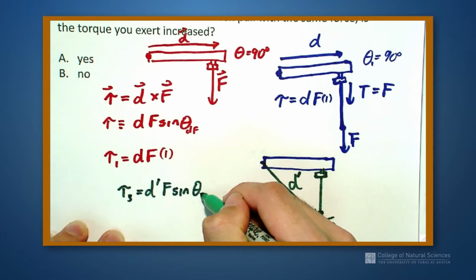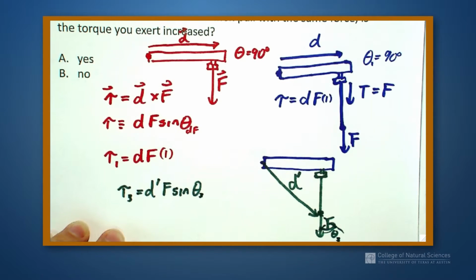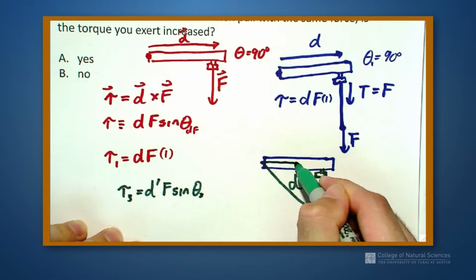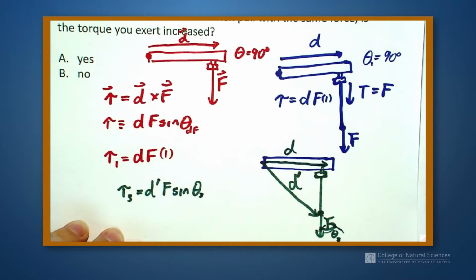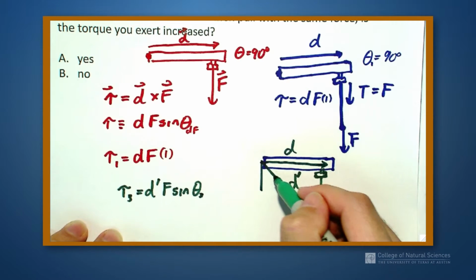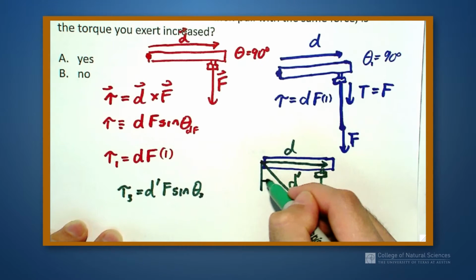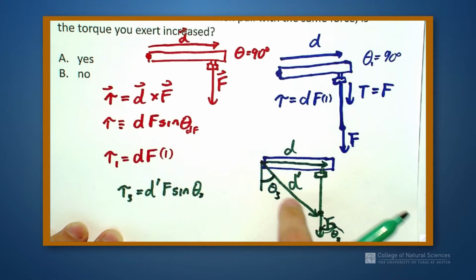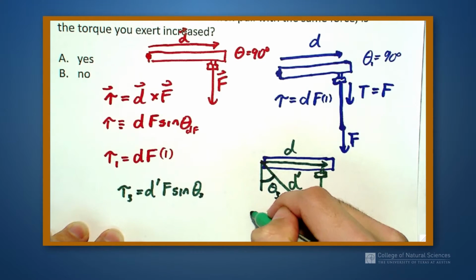Well, this theta 3, we have to figure out, except d has changed, and now I have a sine of theta 3. So the question is, if I relate that back to my original d, how does that relate? Well, I should be able to relate d to d prime. And I can see that this angle right here is going to be the same as this angle right there.